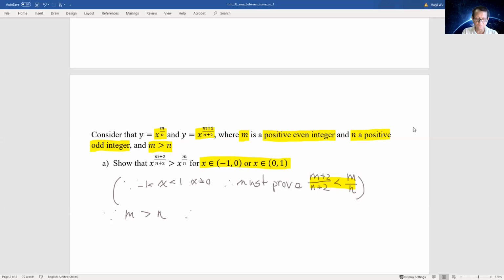Therefore we can say 2m must be greater than 2n, times by 2 both sides because m and n are both positive. Now we're also going to add something to both sides: m times n must also be greater than.